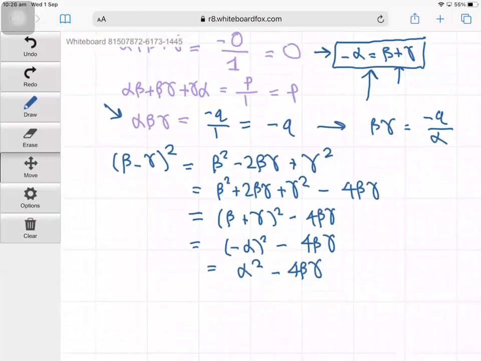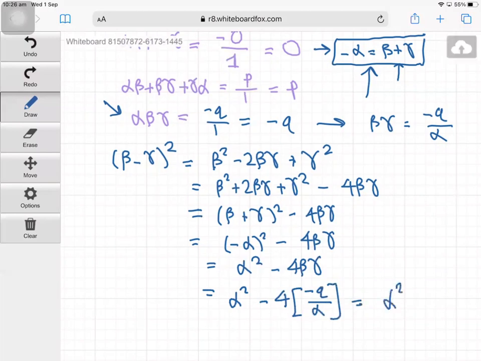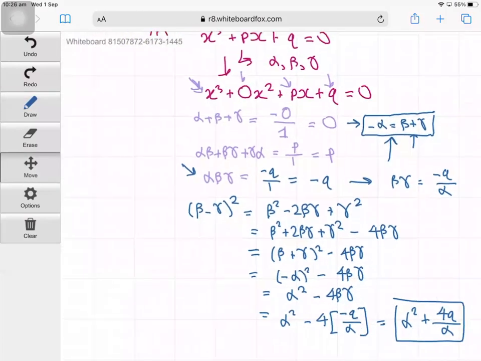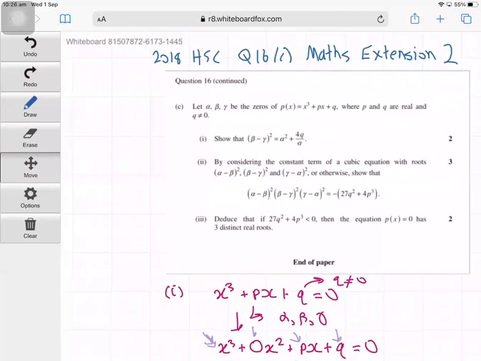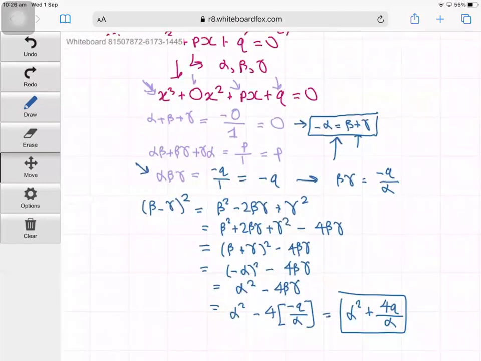So that means we have alpha squared minus 4 times negative q over alpha, which is equal to alpha squared plus 4q over alpha. And this successfully proves the first part, that beta minus gamma squared is equal to alpha squared plus 4q over alpha. So the first part is complete.